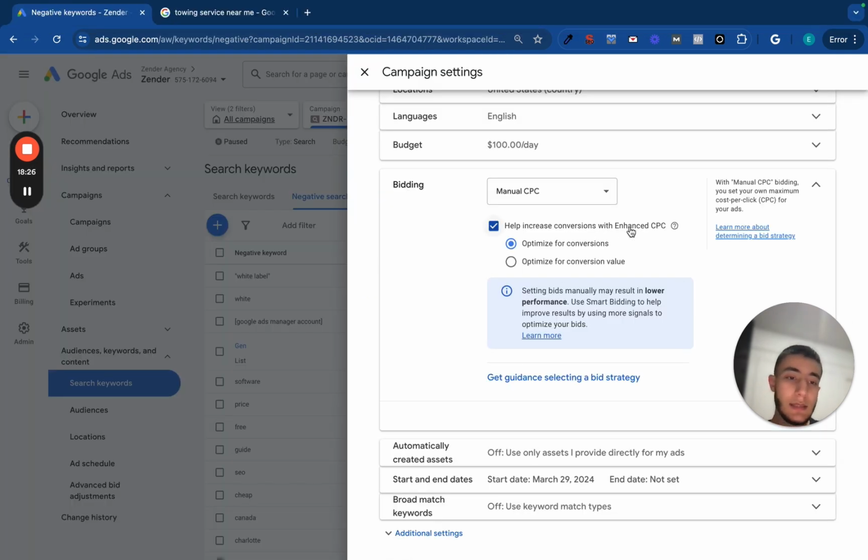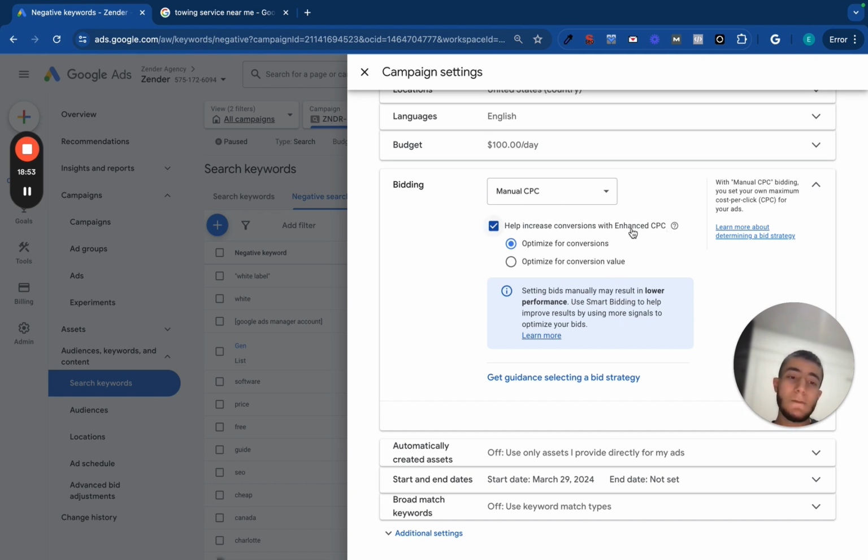But with enhanced CPC, Google can go over your maximum CPC, so over the $20 which you set as maximum CPC, just to get a conversion. If Google thinks it can get you a conversion, it's going to raise your bid using enhanced CPC just to get that conversion.